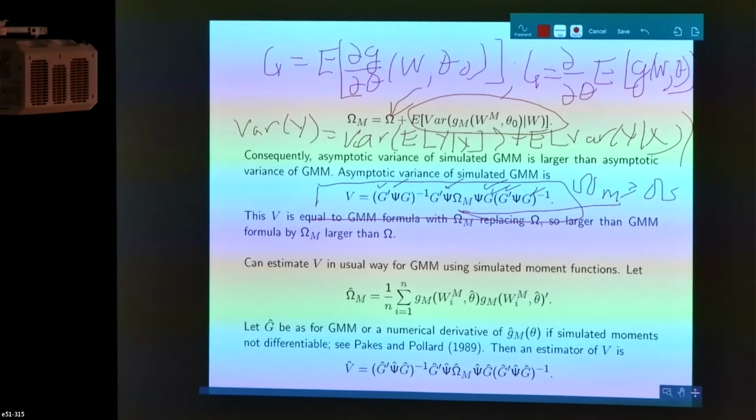Now you can make that go away as you increase the number of simulation draws. If you draw these simulation draws IID, then that will go away, so if you're worried about the variance from simulation, don't do 1 or 2 simulations, do 10 or 15 or 20.